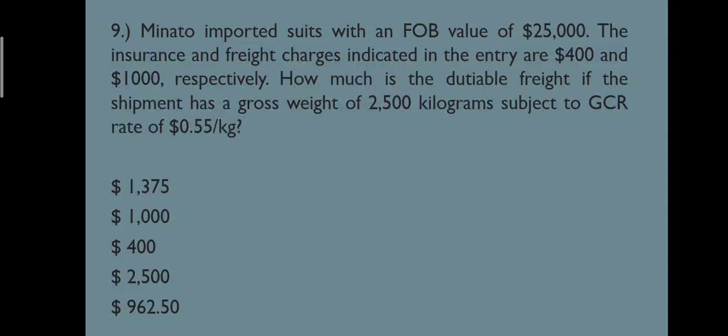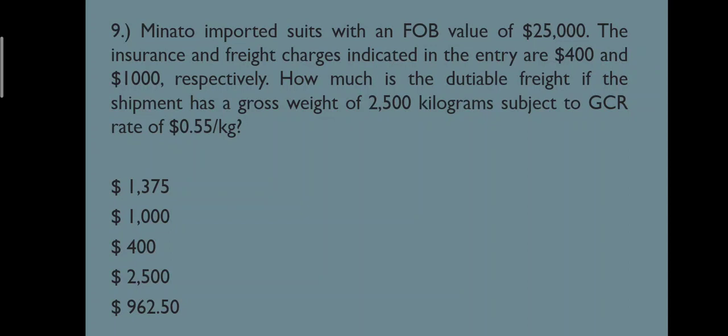How much is the dutiable freight if the shipment has a gross weight of 2,500 kilograms subject to a GCR rate of $0.55 per kilogram? So what is asked is the dutiable freight. We have a given freight in the problem already in the entry, which is $400.